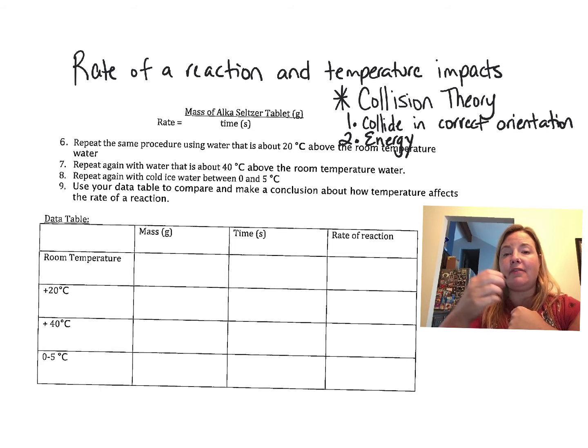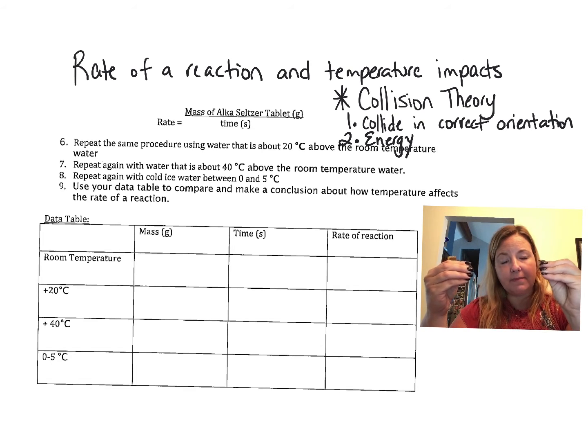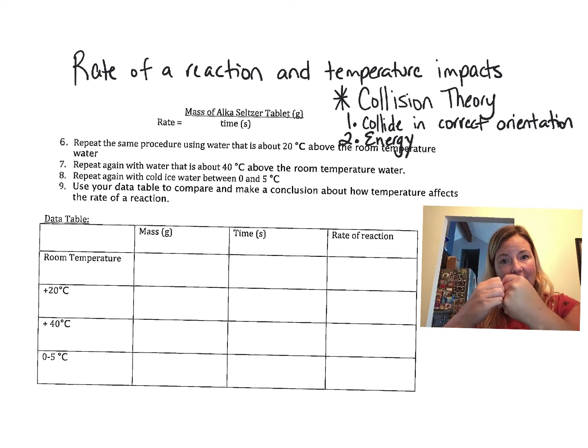If we have a molecule of hydrogen where the two atoms are connected to each other, remember that in a chemical reaction the bonds are going to break apart, and then that hydrogen needs to hit oxygen in the correct location in order to form a new bond. So the collisions need to happen with a lot of energy, and they need to happen in the right location to make that bond and connect with each other.